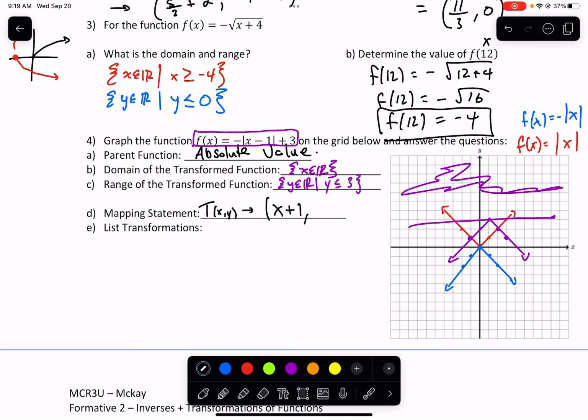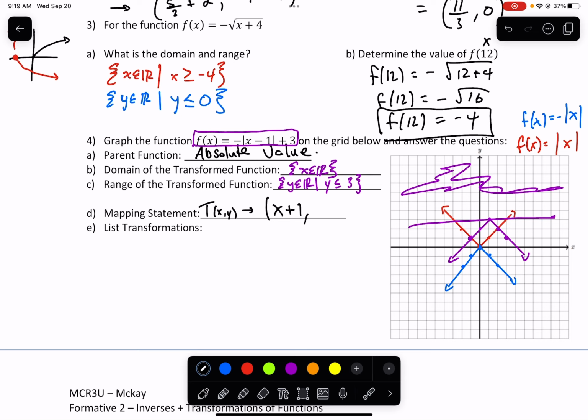And what about in the y direction? Plus 3. Okay, is there anything else in the y direction? Minus. Where does the minus go? So remember what happened. We took all the original red points and then we made all the y values of the red graph become negative.